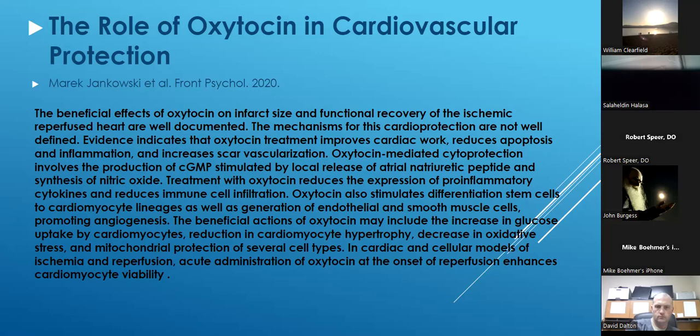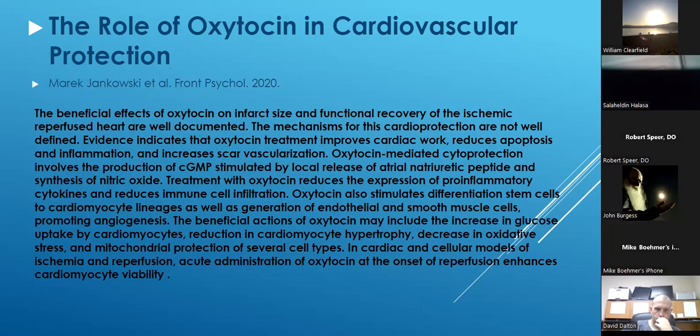So if you want to enhance the healing process of the heart, decrease the fibrosis and stimulate the stem cells of the heart, then I think oxytocin is a good thing to give to the patient. It also helps to decrease cardiomyocyte hypertrophy, which would otherwise lead to the sequela of heart failure.